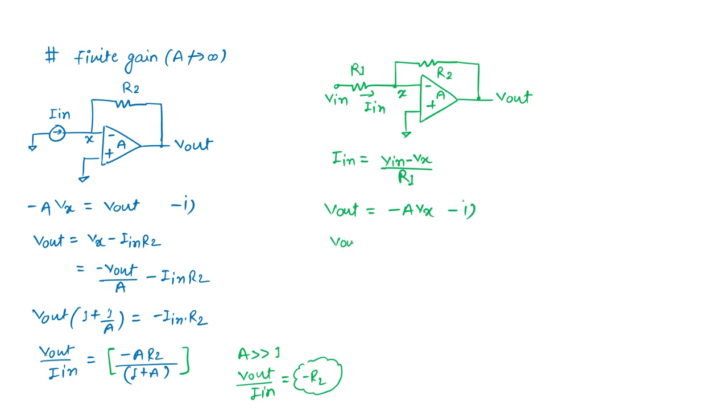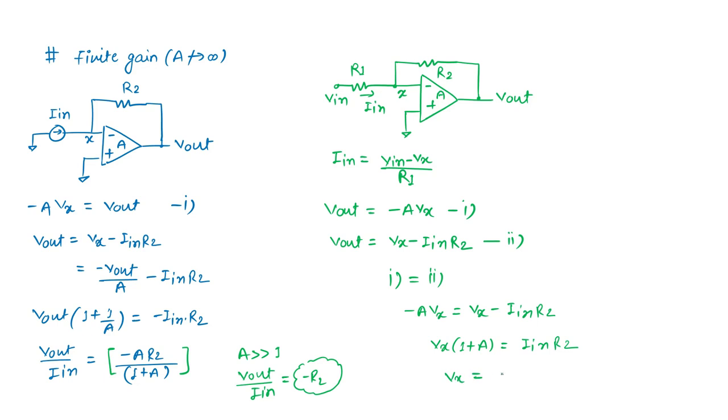Another relation: Vout equals Vx minus Iin R2. This is also your Vout. So if we equate these two equations, minus A Vx equals Vx minus Iin R2. Vx times 1 plus A equals Iin R2.